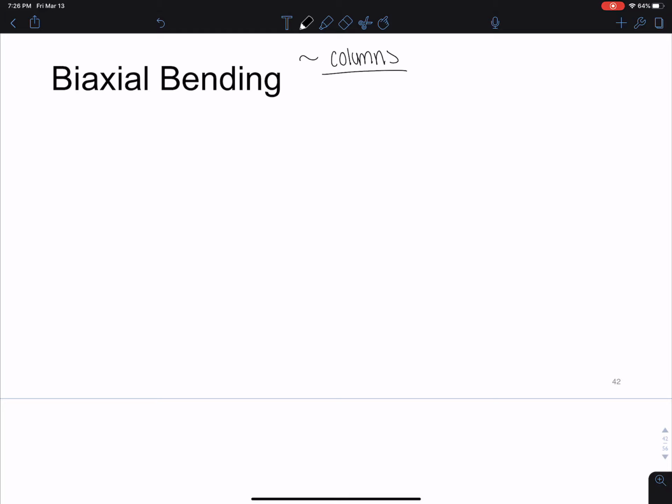Columns often experience biaxial bending. And here we also want to define the z-axis again as our maximum or principal axis, generally. So let's have a couple of pictures here to demonstrate what's happening.